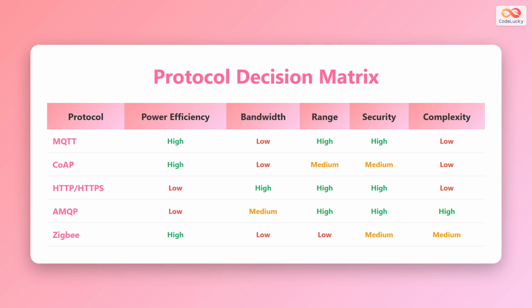HTTP and HTTPS have low power efficiency, but high bandwidth, high range, high security, and low complexity. AMQP features low power efficiency, medium bandwidth, high range, high security, but high complexity. Zigbee excels in power efficiency with low bandwidth and range, medium security, and medium complexity. Use this matrix to match your requirements with protocol strengths.